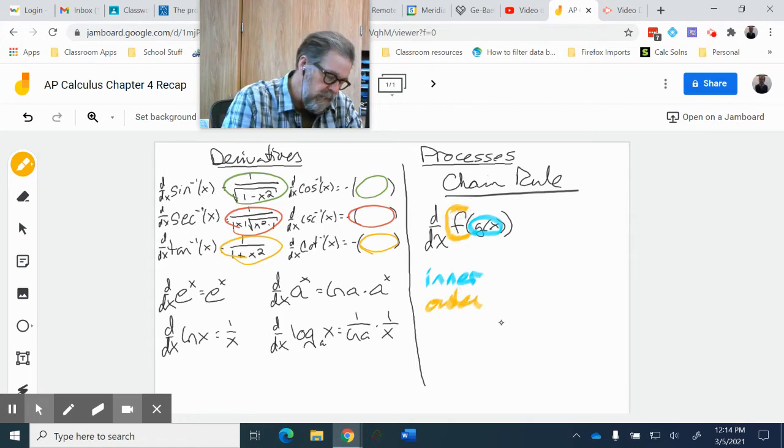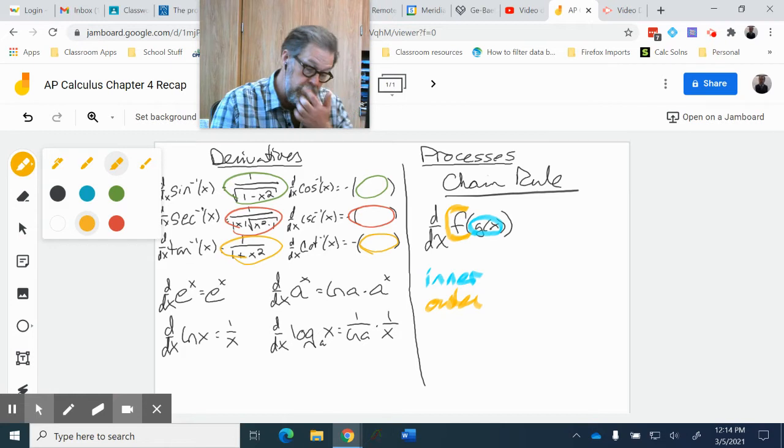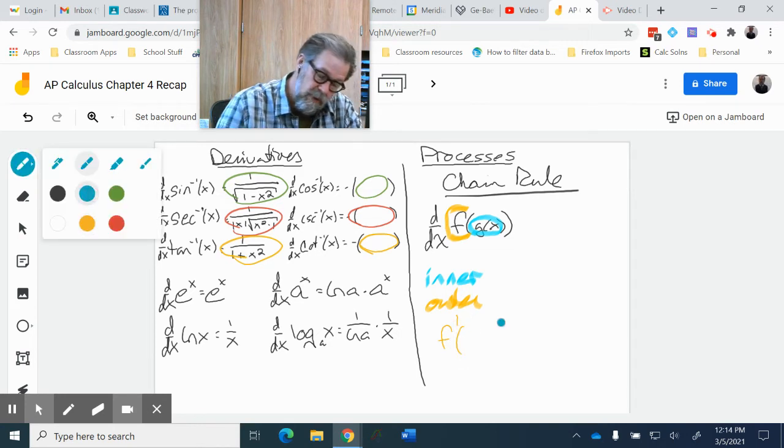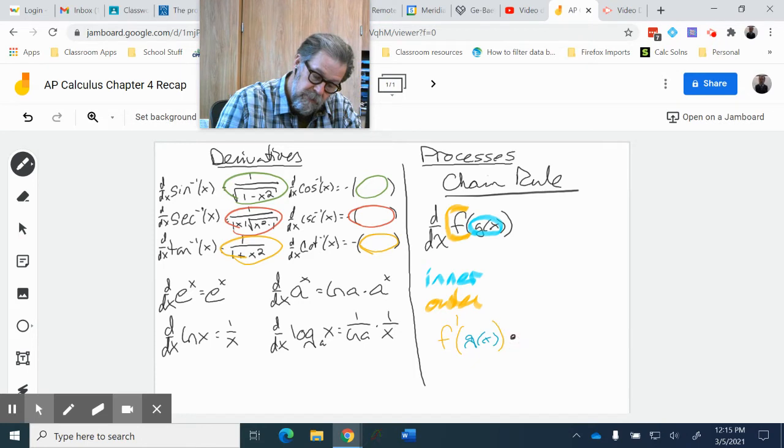The derivative is always the outer, f prime of, and I've got to remember to leave that inner function alone, times the derivative of the inner function.